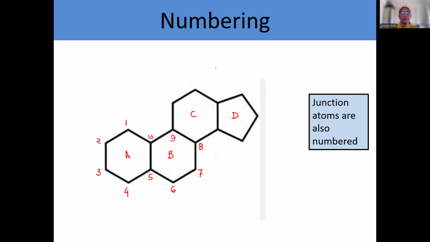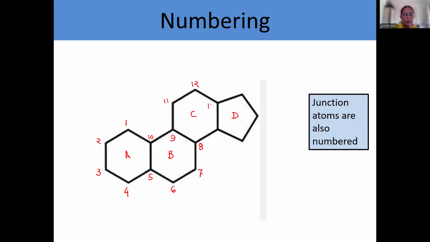Now go to the C ring. The C ring has carbons 8 and 9 common to the B ring, and there are 2 more carbons common to the D ring. Therefore, you start numbering here. This is 11, this is 12. Now all the non-junction carbons of the C ring are numbered.